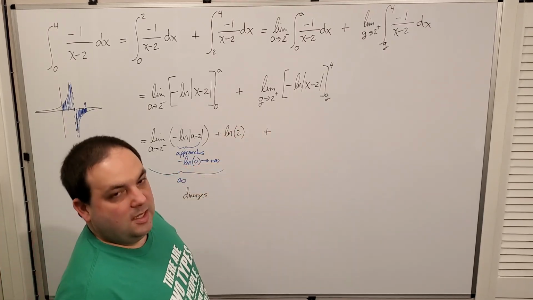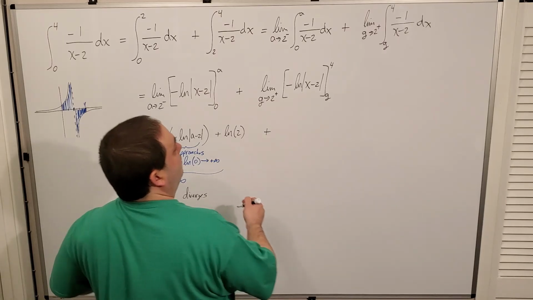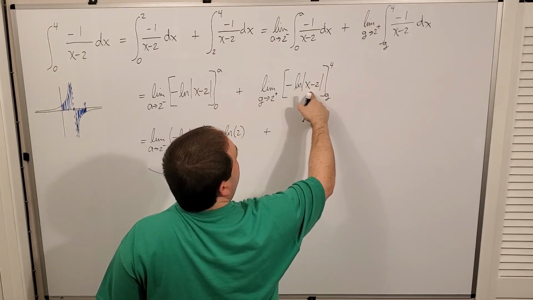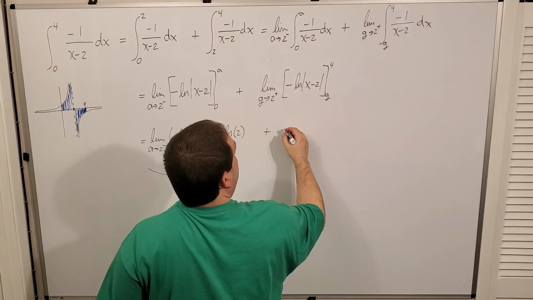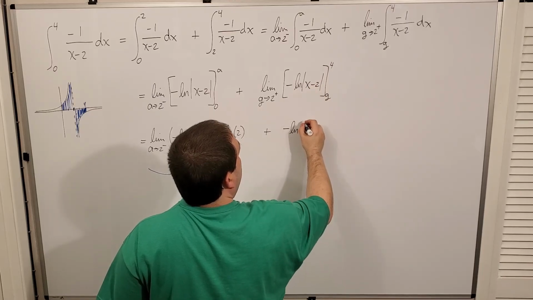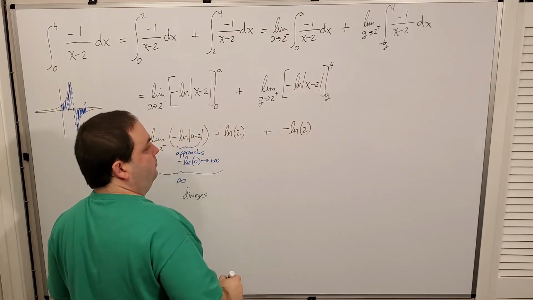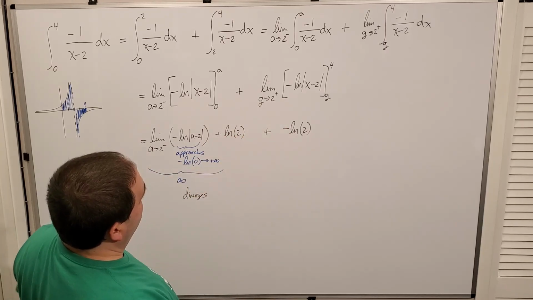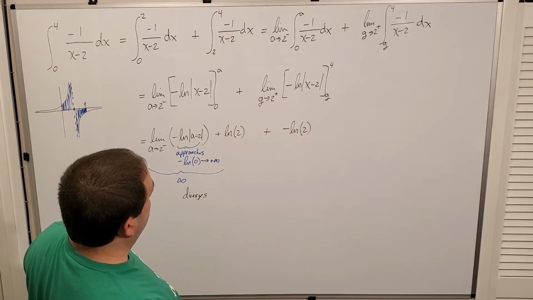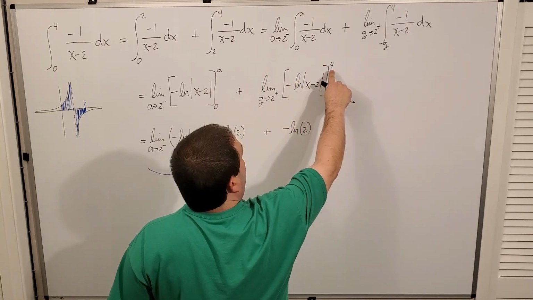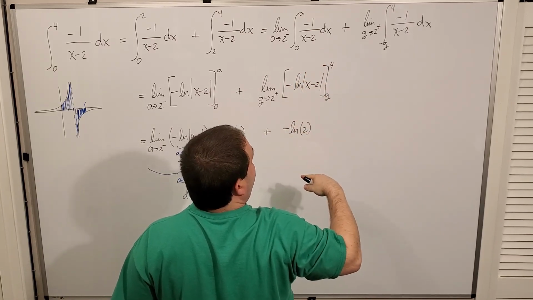You'll find something similar on this side to occur. I'll plug in the 4 first this time, and so then I will get the negative ln of 4 minus 2, which of course is 2, right? And ironically, I'm getting the values there that are going to wipe out. Moot point though.